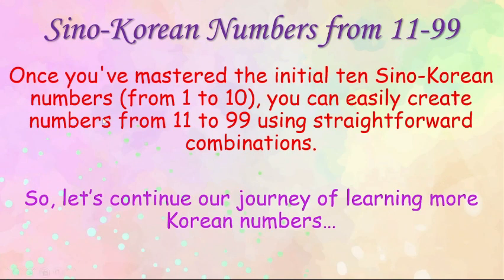The basic concept is that you need to learn the first 10 Sino Korean numbers, from 1 to 10. Once you have mastered them, you can easily create numbers from 11 to 99 using very simple combinations. Now let's see what these combinations are.